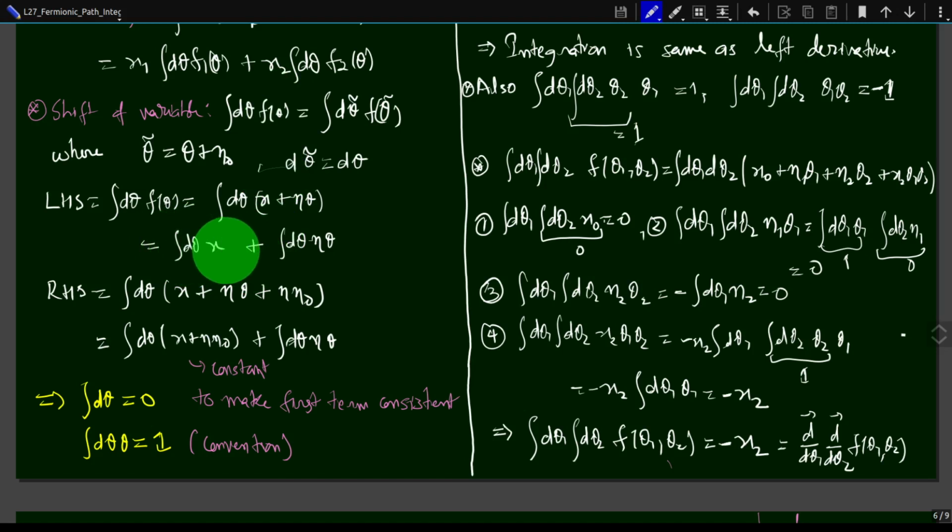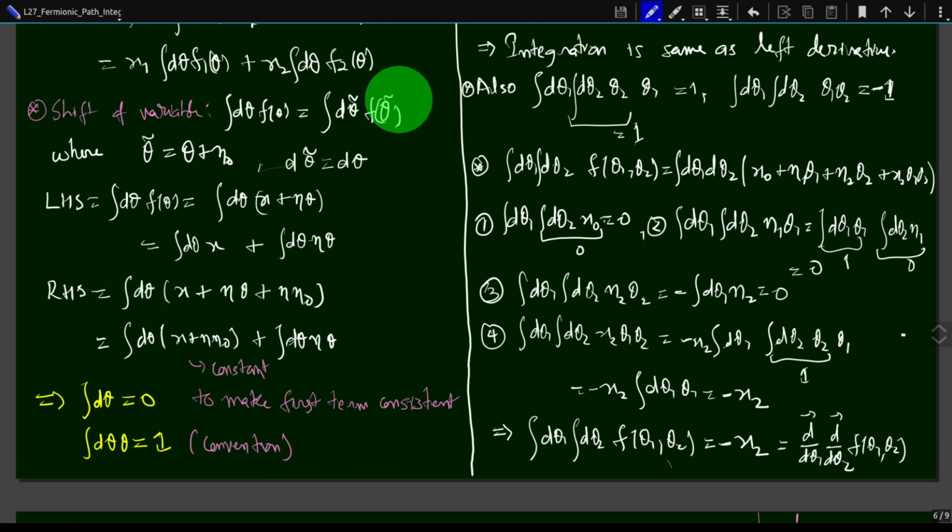So it is the integral of d theta times x plus the integral over d theta times eta theta. This I get from the left hand side of this expression. Then, using the fact that d theta twiddle is nothing but d theta, in f of theta I replace theta by theta twiddle. So the right hand side is the integral over d theta of x plus eta times theta plus eta 0.